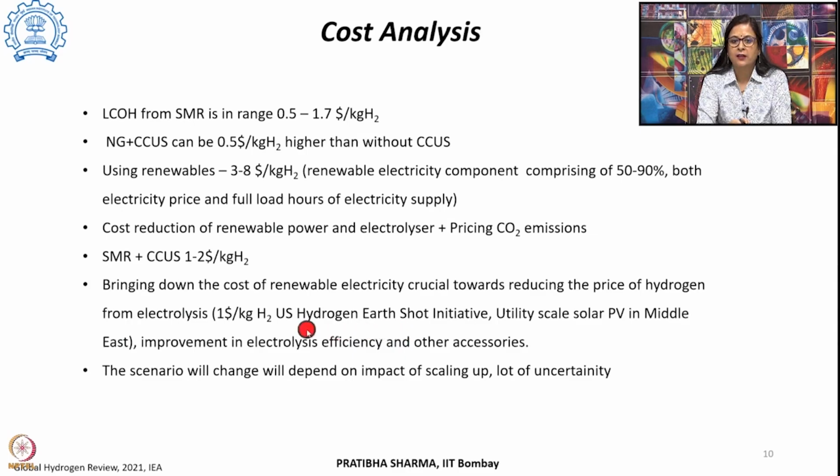And it is expected that when the cost of renewable electricity is $20 per megawatt hour, then it can come down to $1 per kg of hydrogen being produced. That $20 per megawatt hour was without including capex and opex. Now it has to come down further if that also needs to be included.